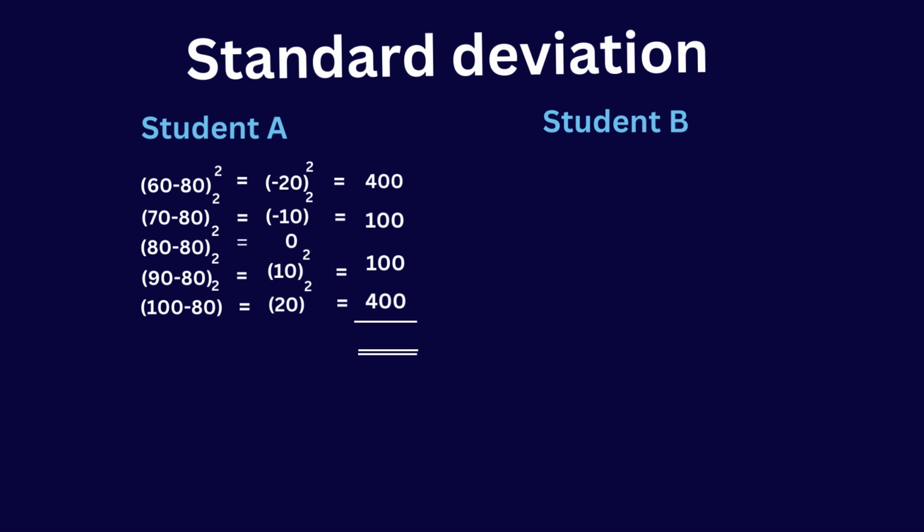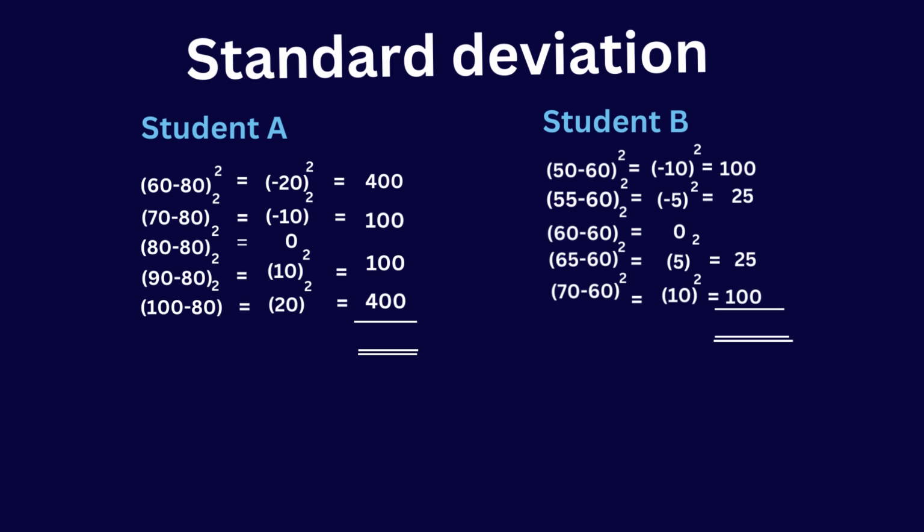Let's move on to student B. The first value for student B is 50. 50 minus 60 is negative 10, and the square of negative 10 is 100. The second value is 55. 55 minus 60 is minus 5, and the square of minus 5 is 25.